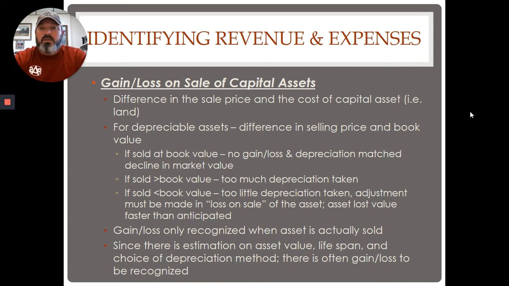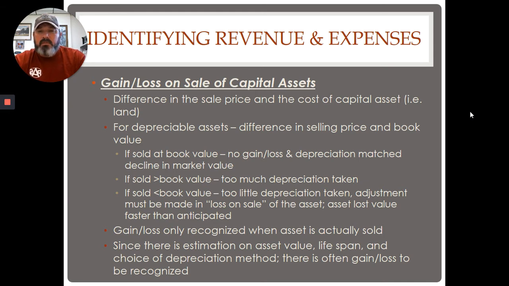Also, we're going to include on that revenue side of the ledger the gain or loss on the sale of capital assets. And there's a lot of information here on this slide. To boil it down here, basically what you're referring to is if we sold a big asset, like if we sold off a piece of land or sold off a piece of equipment that we did not replace, like a combine, whether it was sold for book value, that gets into a lot of different things here on this slide that I'll let you pause and review the slide.